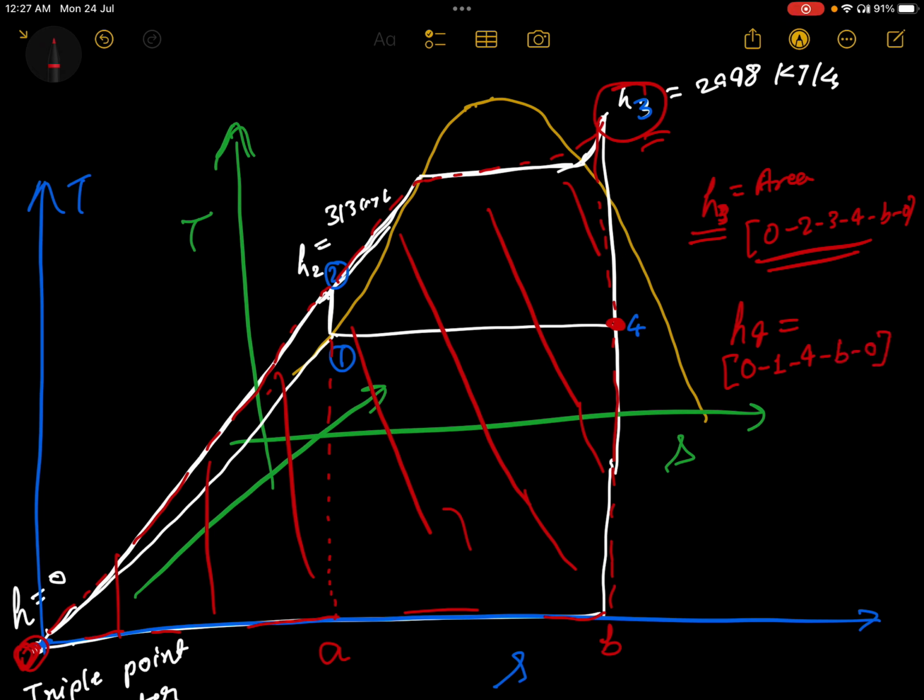This is S4. Let's denote it with this color. H4 I will show as something like this. This is S4.